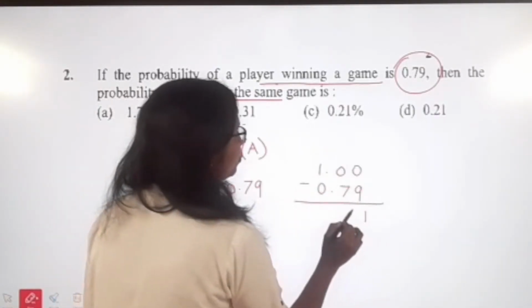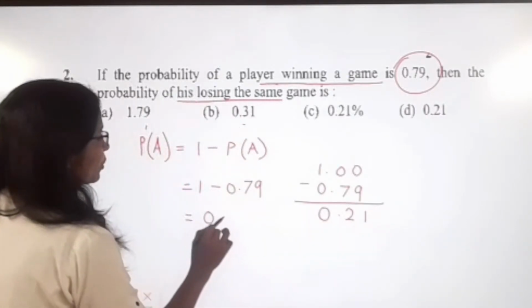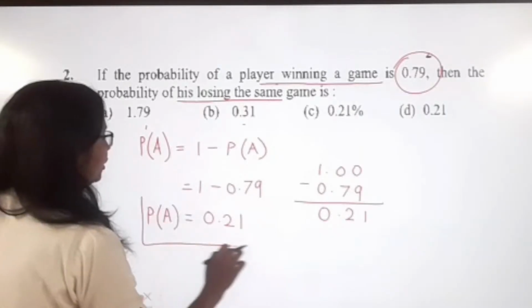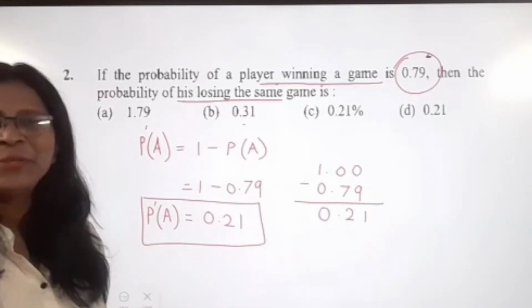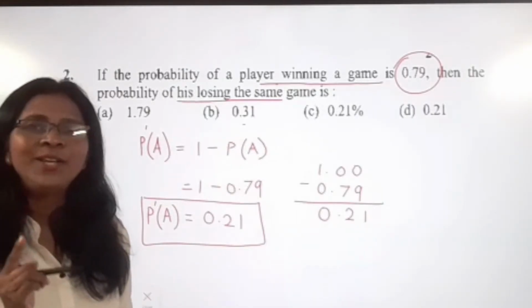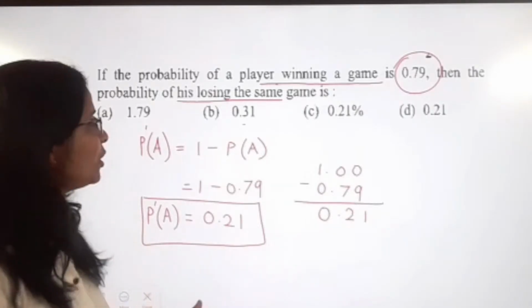It will be 0.21. So here the probability of complement of A is equal to 0.21, and that complement of A means losing the game. And that is equal to 0.21.